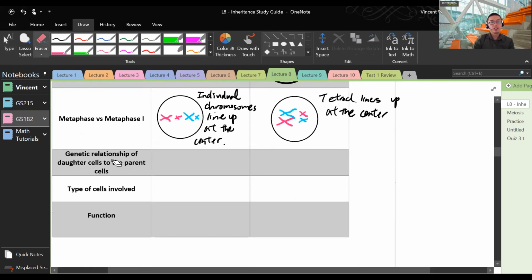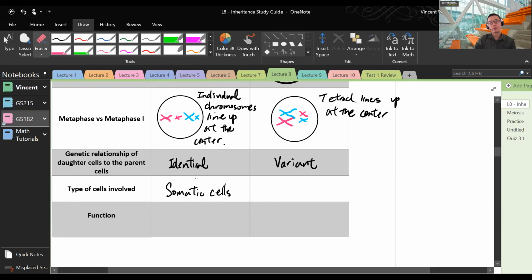So genetic relationship, identical, no difference. And this one will be variant. It's going to be different. Type of cells involved, somatic cells. Somatic means bodily, so bodily cells.